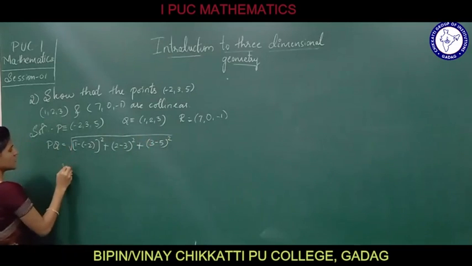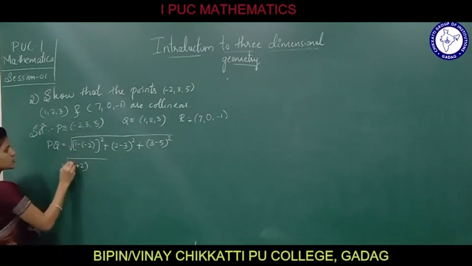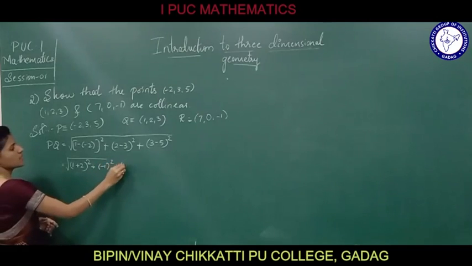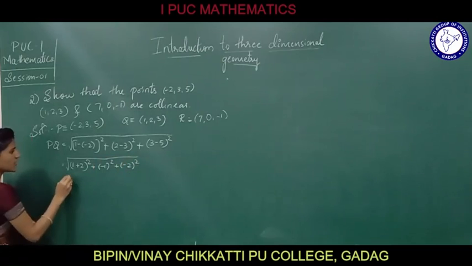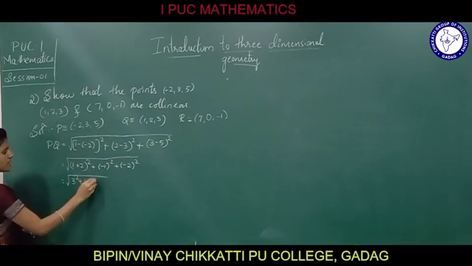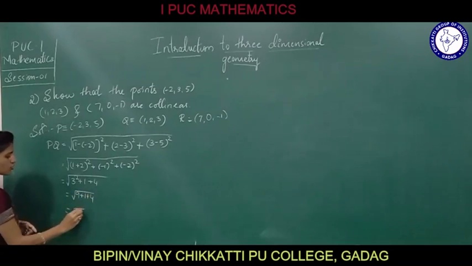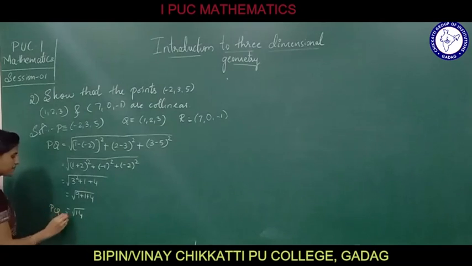That I am going to get as root of 1, minus into minus is plus, 1 plus 2 square plus minus 1 square plus minus 2 square. That is 3 square plus 1 plus 4, nothing but 9 plus 1 plus 4, that is root of 14. I got PQ as root of 14.